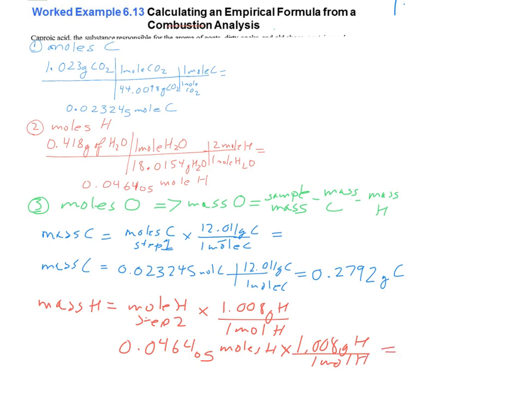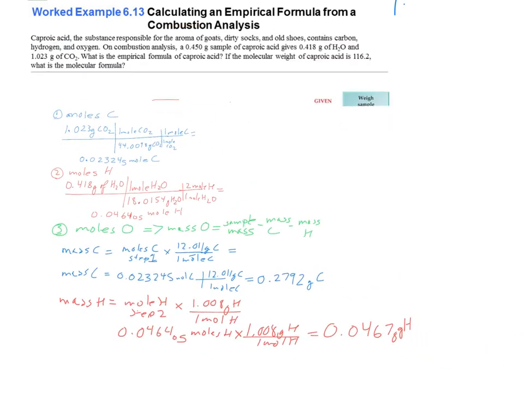And that gives me 0.046405 times 1.008 equals 0.04678 grams of hydrogen. So now I have my mass of hydrogen, I have my mass of carbon.